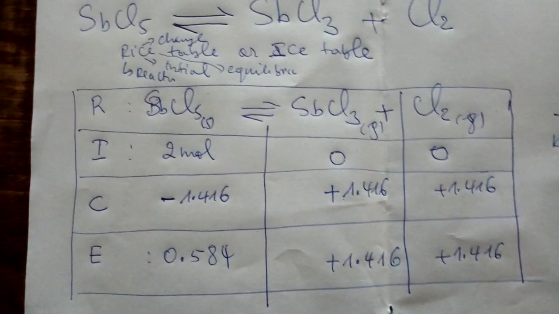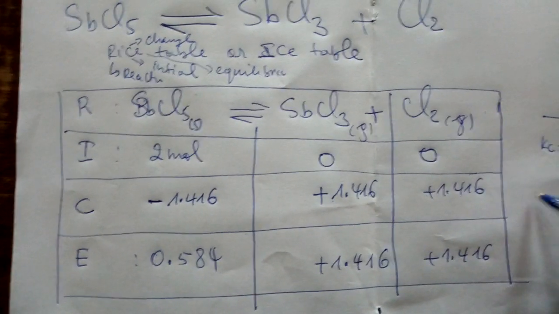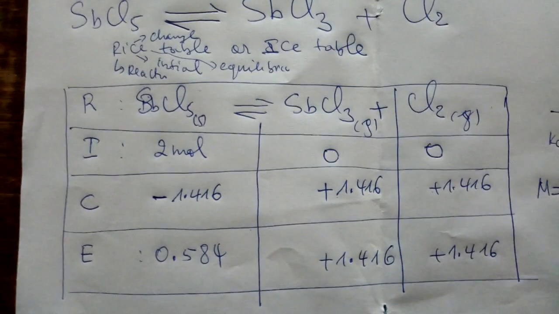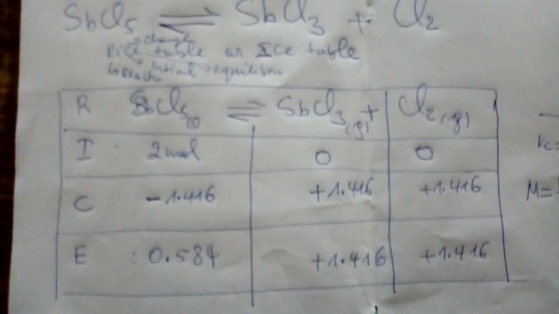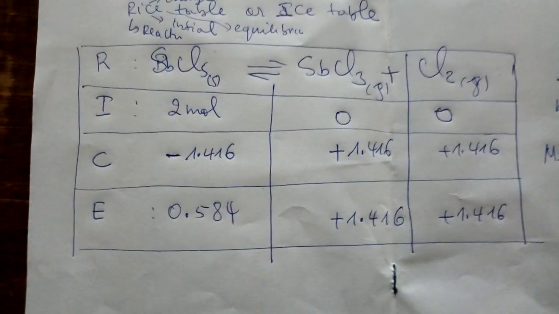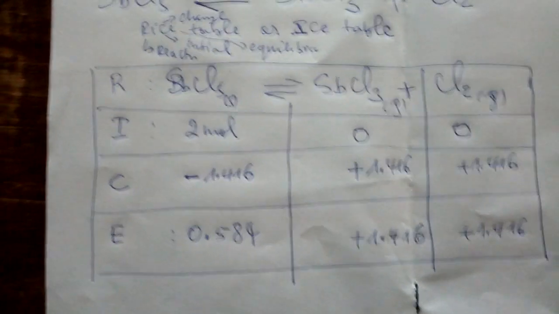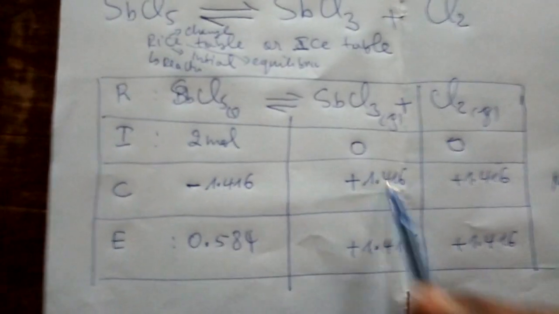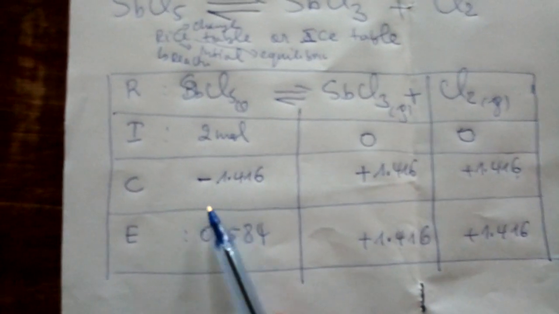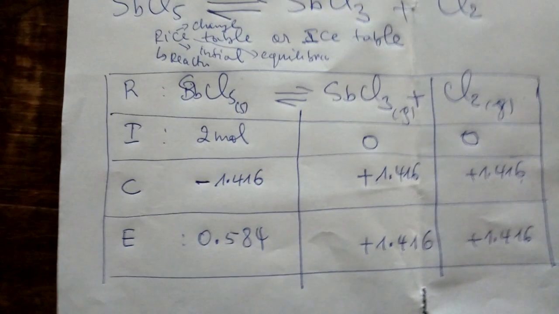Then by calculating, you know that molarity, which is molar concentration, is equal to number of moles over volume. The fact that the volume is equal to 1 liter means the numerical value is not changing. It means that the number of moles over 1 continues to give the same numerical values.